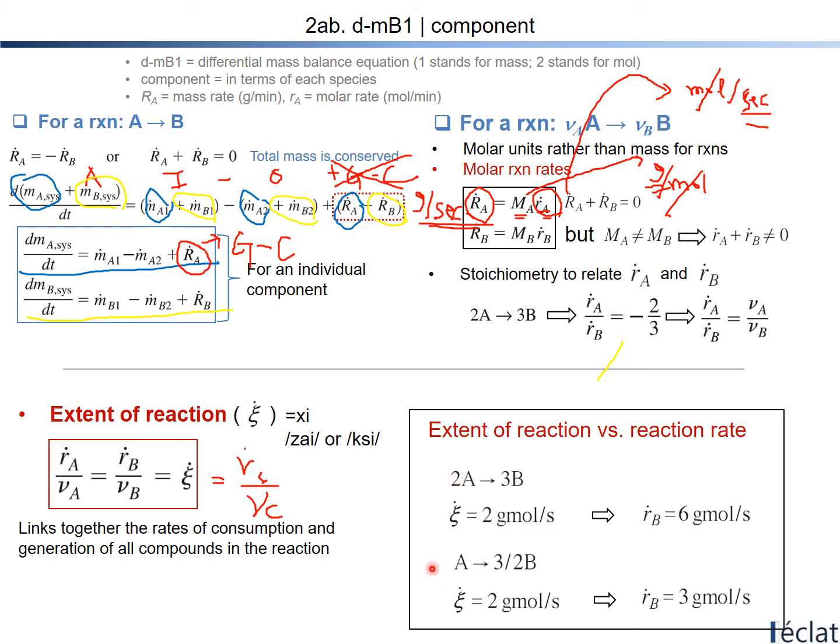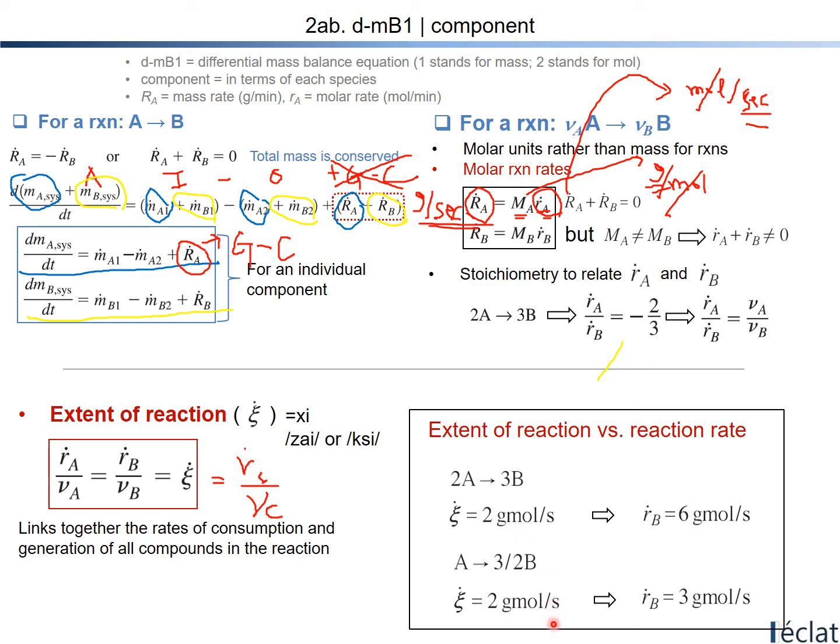Let's go to the other chemical reaction equation. Here, A is going to 3 over 2 B. Actually, those two chemical reaction equations are the same. Let me assume that this equation has the same extent of reaction xi as the previous example, 2 gram mole per second.